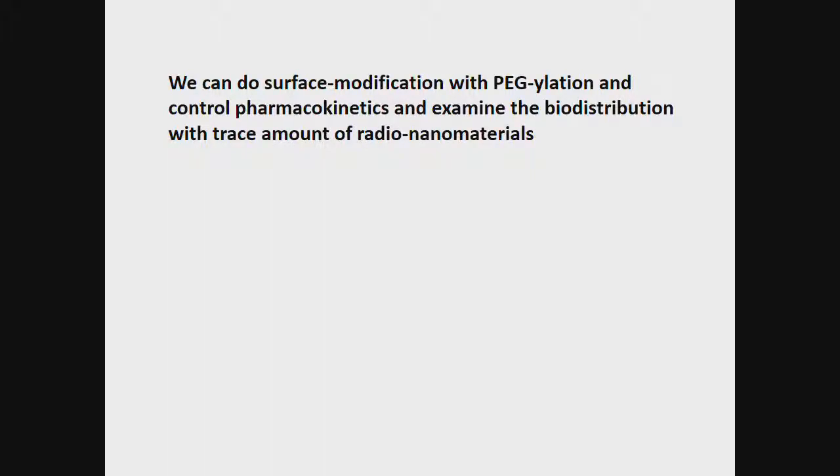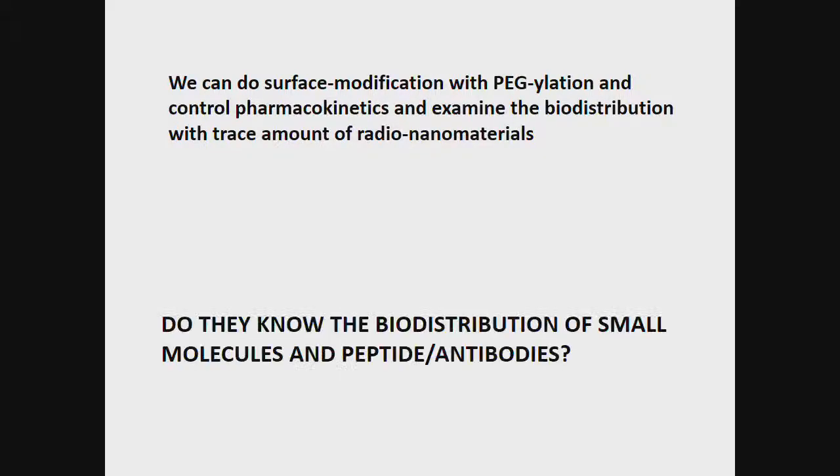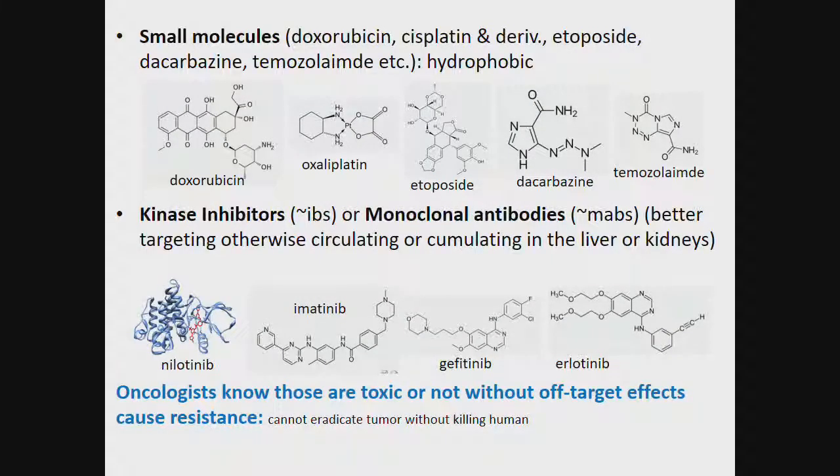Okay, nanoparticles, if you give them too many amounts, it will be immersed. So do they know? Do oncologists or our biopharma company experts know the biodistribution of small molecules and peptides and antibodies? I think not. So the small molecules here, doxorubicin. When I was a resident in internal medicine, I just gave many doxorubicin, cisplatin, and patients suffered.